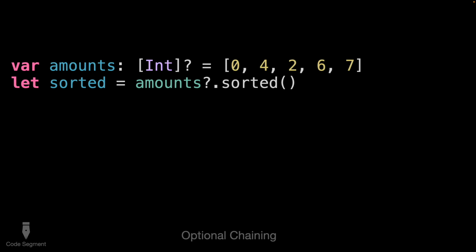So it's a lot of logic, a lot of if statements or ternary operators that you can just put into a single character. And it operates in a pretty intuitive way. But of course, this means that our sorted constant is now an optional int array as well because it could be nil. It's not a non-optional int array. It's not a regular int array.